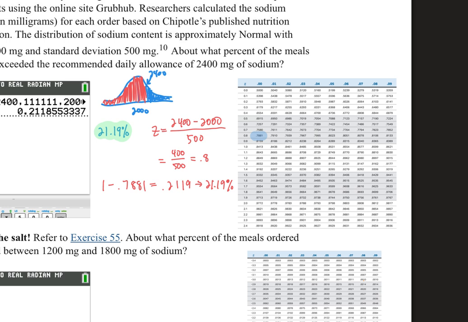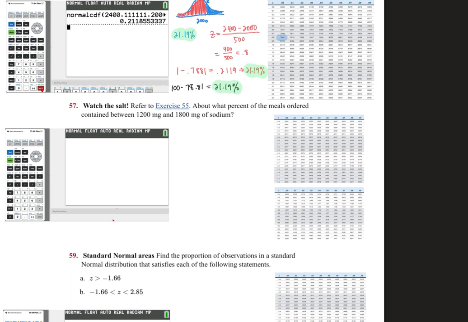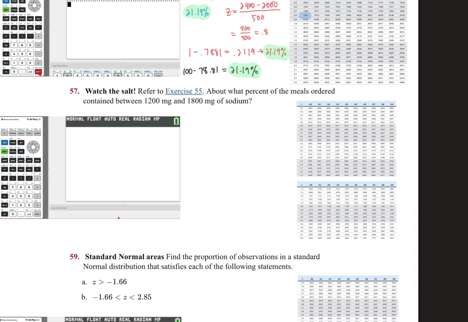Or you can turn this 0.7881 into a percent, 78.81%, and then do 100 minus that. Okay, and either way you get the same percent. So it got the same exact value. That won't always happen, remember, that they're exactly the same like that.